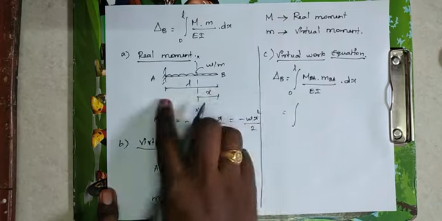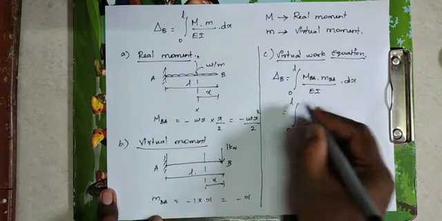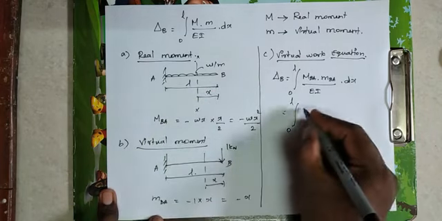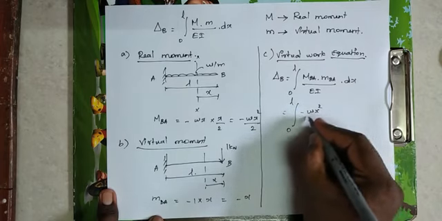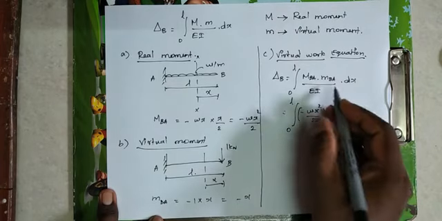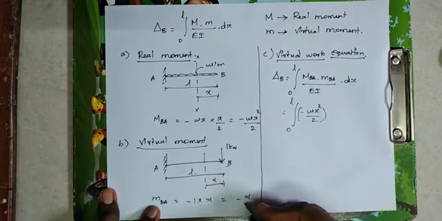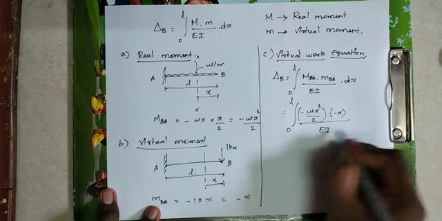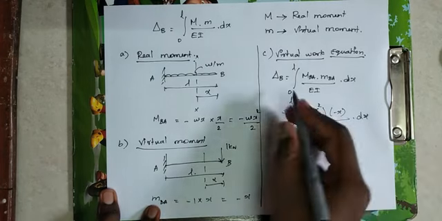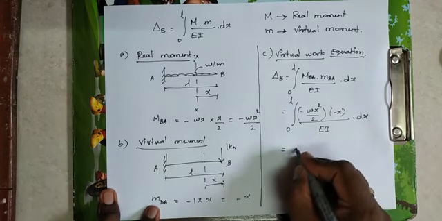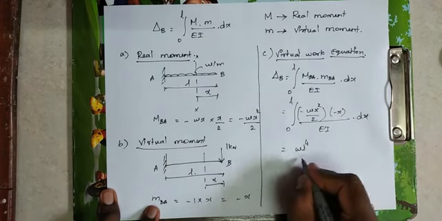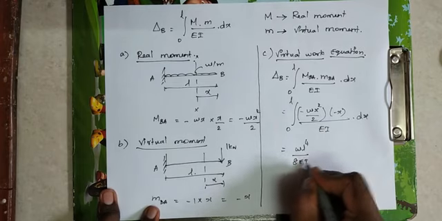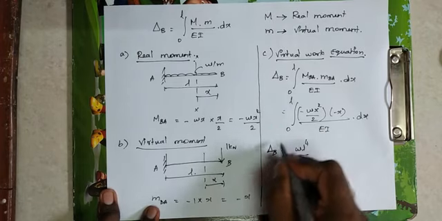The limit is 0 to L, and the capital M_BA is minus Wx square by 2, and the small m_BA virtual moment is minus x, whole divided by EI into dx. By integrating, we will get WL power 4 divided by 8 EI. This is the downward deflection answer.